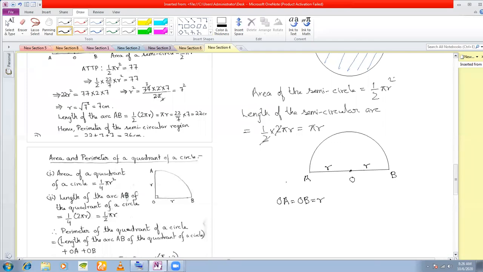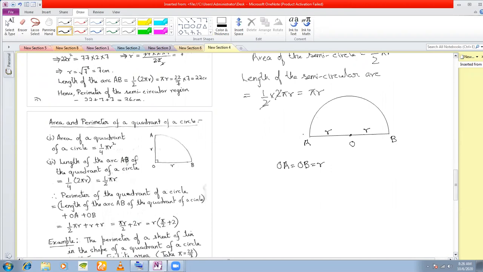Now the question is what should be the perimeter of the semicircle? When I talk about the perimeter of the semicircle, it means the length of this arc AB plus the diameter, the length of this straight line also, this diameter AB.